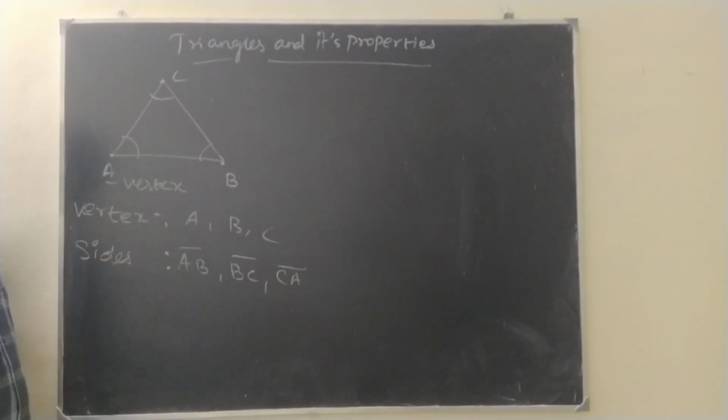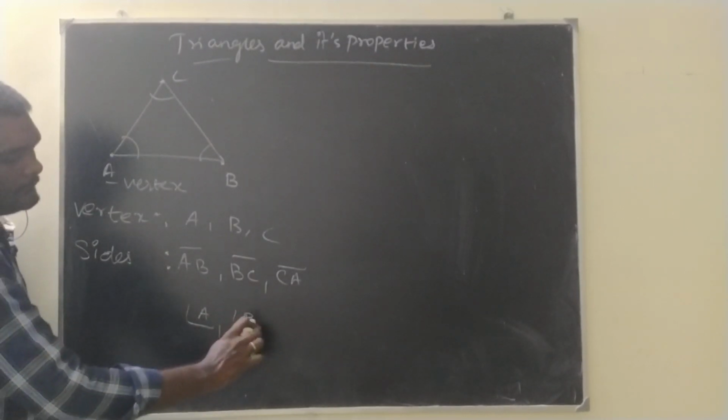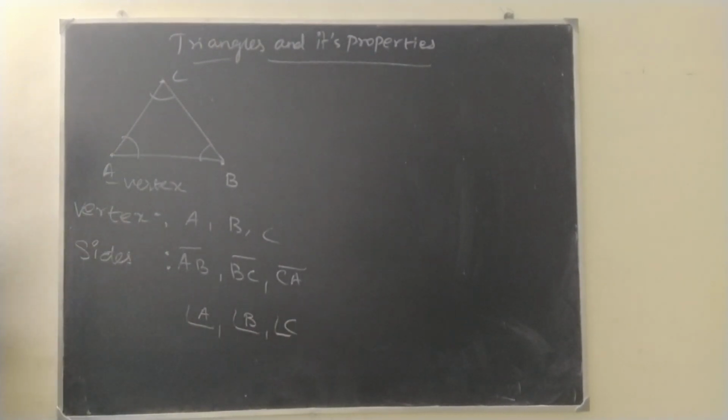And the angles made by these 3 line segments, angle A, angle B, angle C, are called the angles of the triangle.